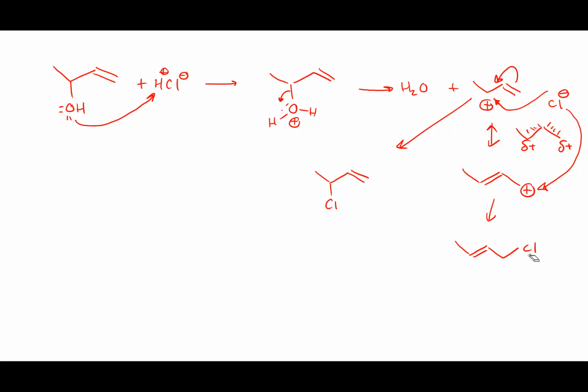So this is new, and being new, we have to define some terms here. What are the conditions that can cause this reaction to switch? The first thing is temperature and reaction time. Those are my two factors that I can change that will flip the major product.